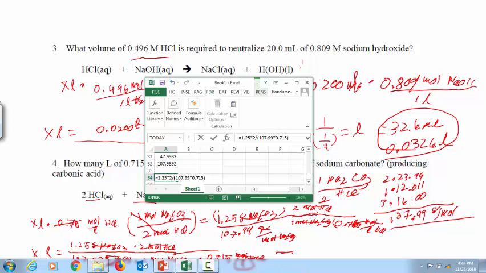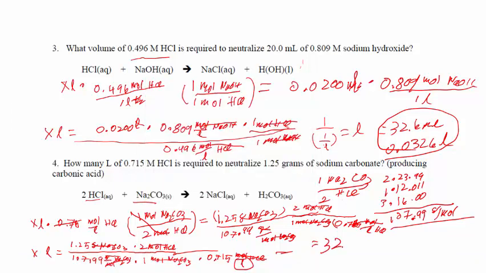Shift close parentheses. And what do we get? 0.0324 liters, or I should say, equals 32.4 ml. Oh, 0.0324 liters. There we go.